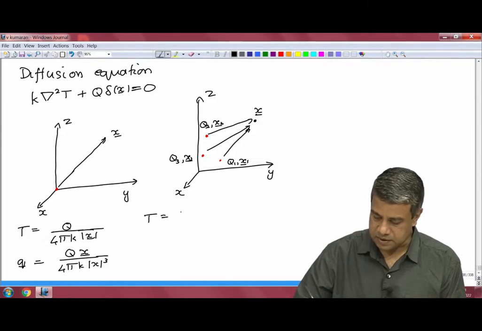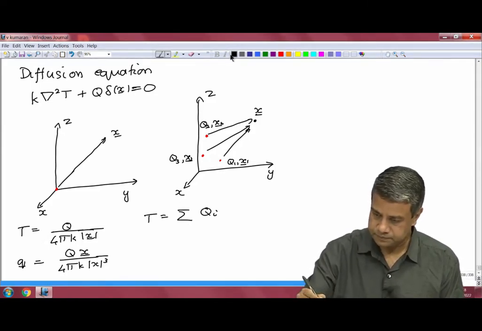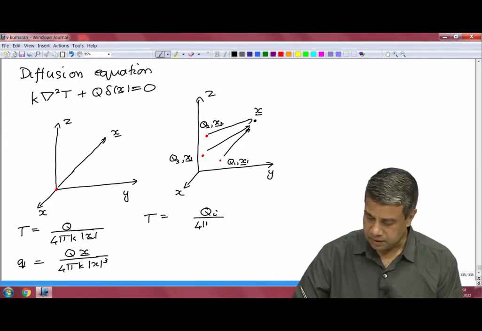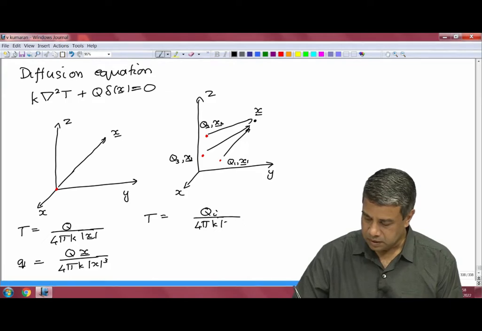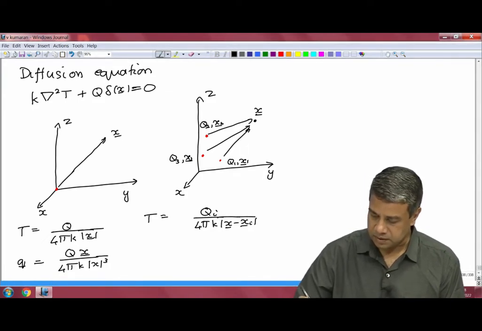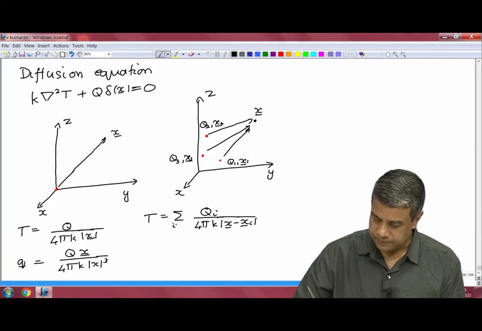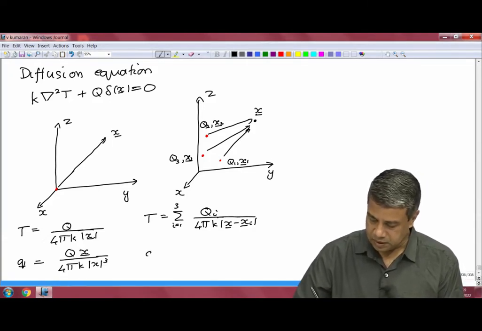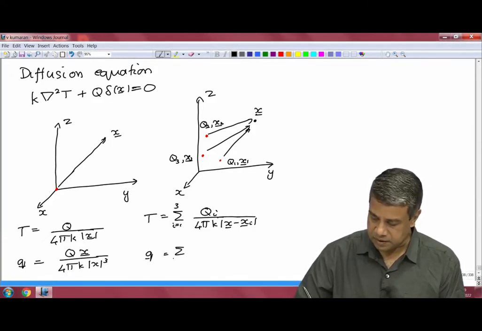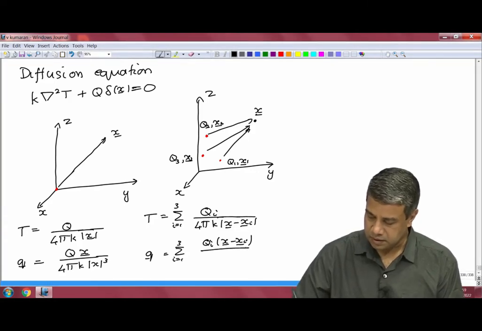So, T will be equal to sigma Q I by 4 pi k into the distance between the observation point and the source point. And the flux vector will be equal to the summation I is equal to 1 to 3 of q I into x minus x I. This is a vector.